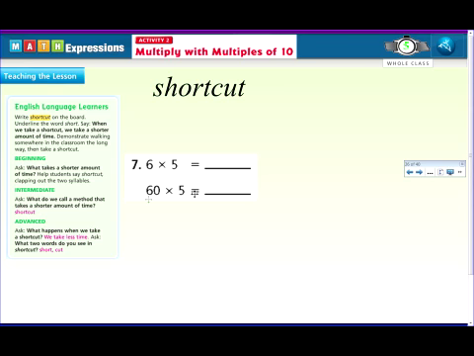If we want to find 60 times 50, let's take the shortcut. 6 times 5 is 30. And the shortcut would show us that we just have to add an extra 0. So 60 times 50 using the shortcut method is 3,000.